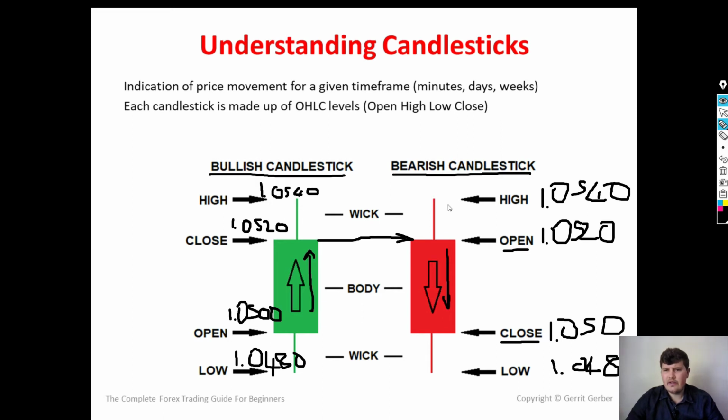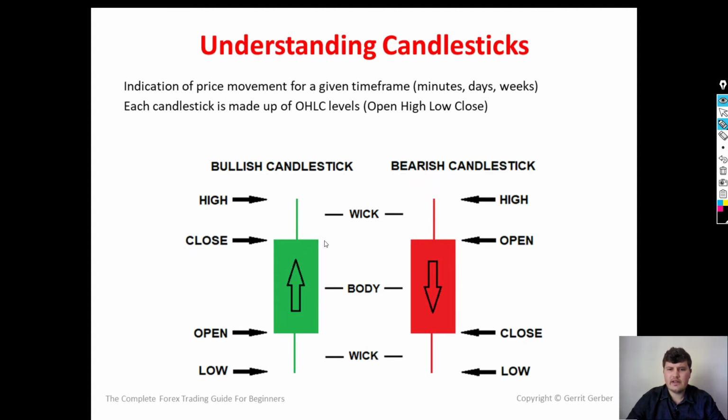And this is the essence of all candlesticks. It contains a high point, an opening level, a closing level, and a low level. So where the candlestick closes over here, the following candlestick opens up.